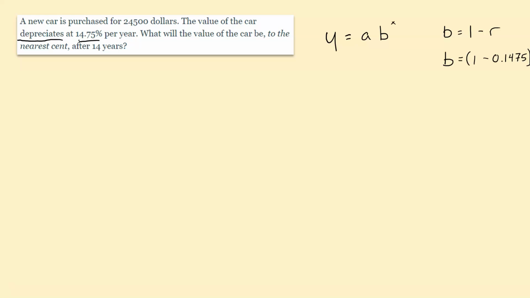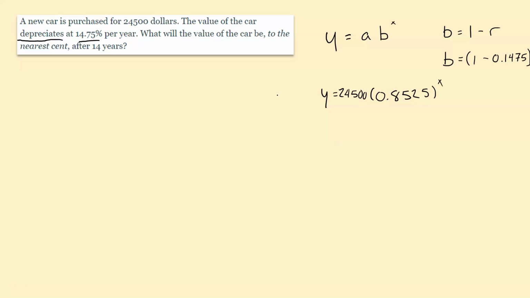We convert this percentage into a decimal, and that is what we plug into our generic formula. 1 minus 0.1475 is 0.8525, and then our a value is our initial value, which is 24,500.